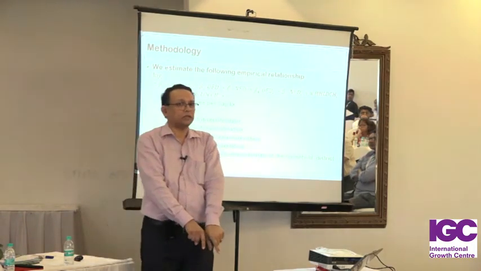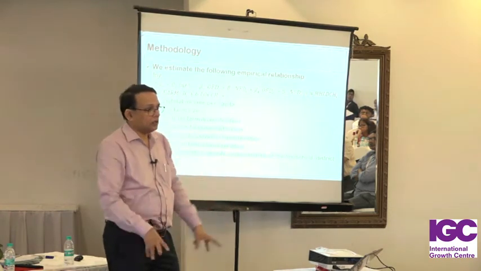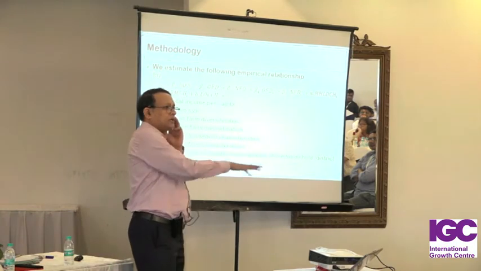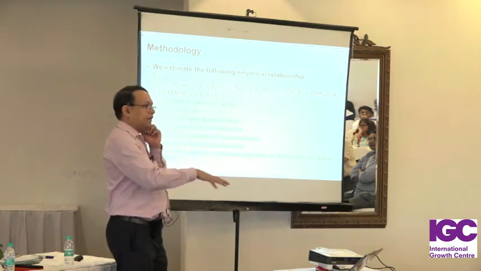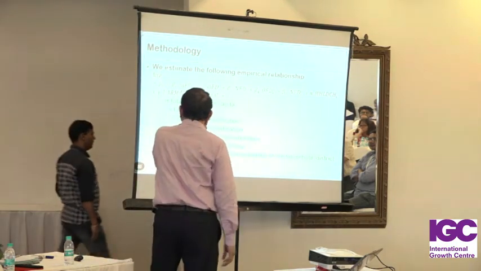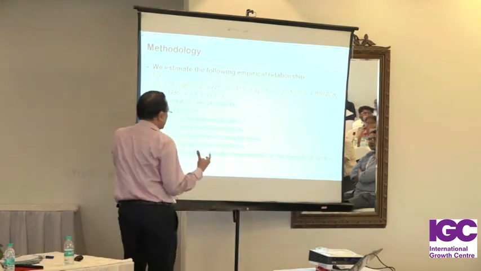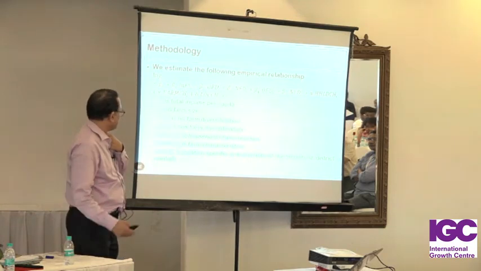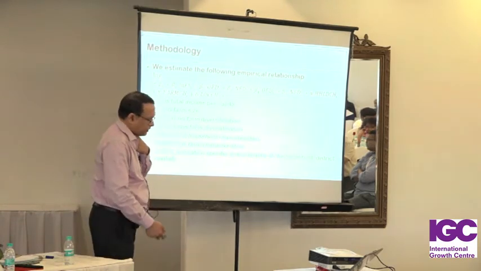A person living here has his neighborhood, the kind of thing that I talked about in the morning. So that defines their locational characteristic, which could be district rainfall and so on and so forth.